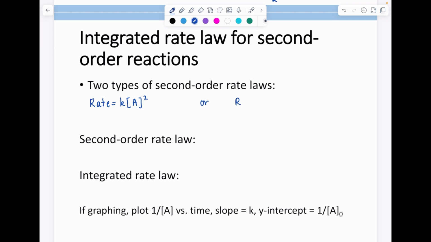Or you could have where the rate is equal to K times the concentration of one reactant and the concentration of the other, and those are both first order with respect to each reactant, so overall the reaction is second order. When we're talking about integrated rate laws, we're focusing on this one. So we will focus on this rate law.